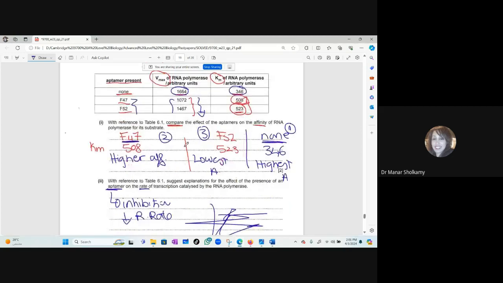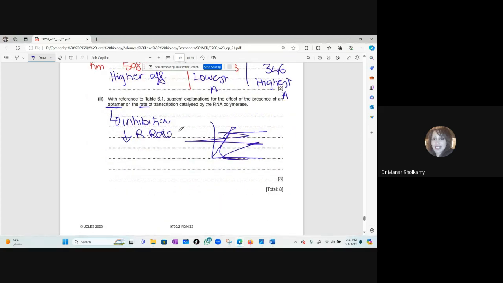Now, when the reaction rate decreases, what do you say? You have a list of things that you mention. Will there be enzyme substrate complex? Will there be products produced? No, the RNA polymerase will not bind with the template strand, therefore not forming the sugar phosphate backbone.